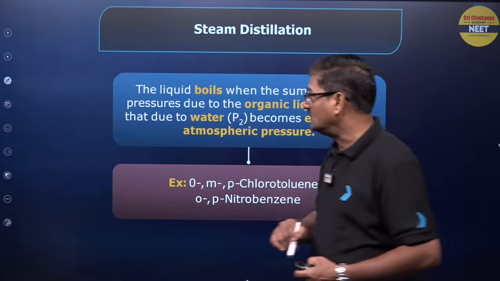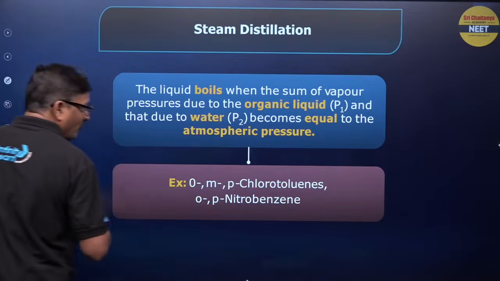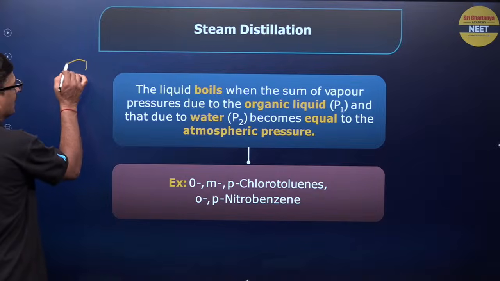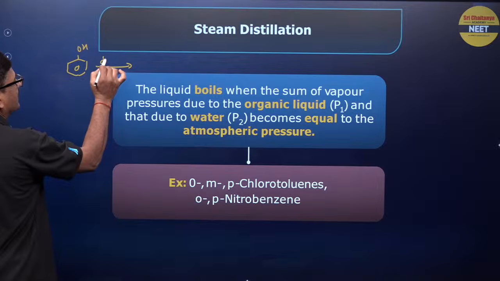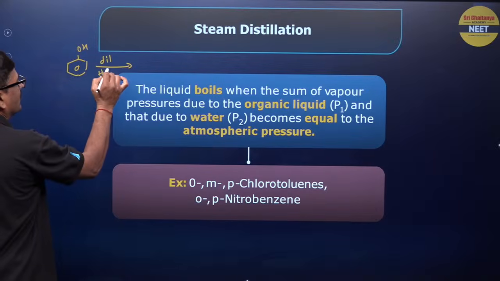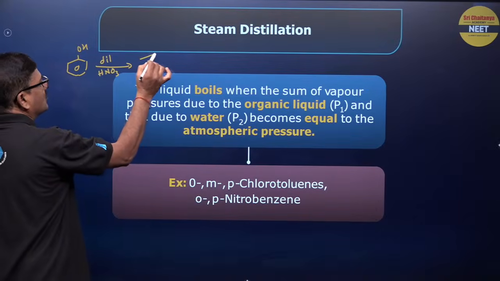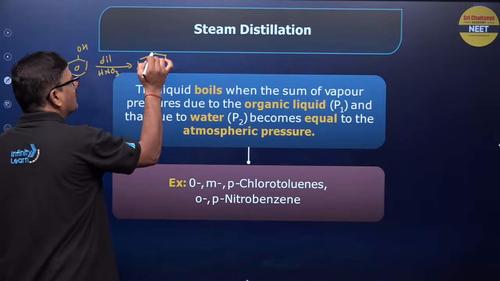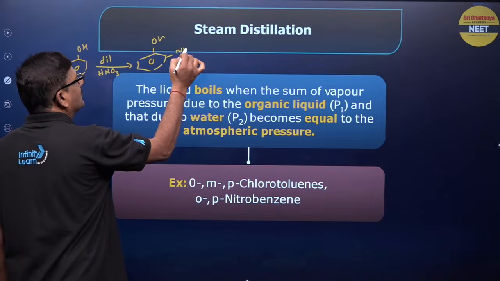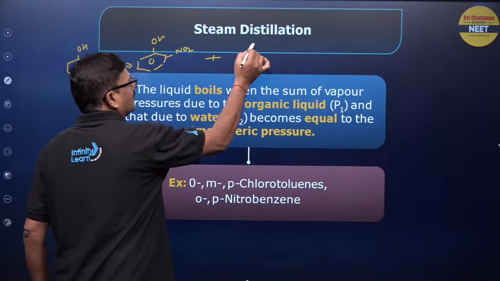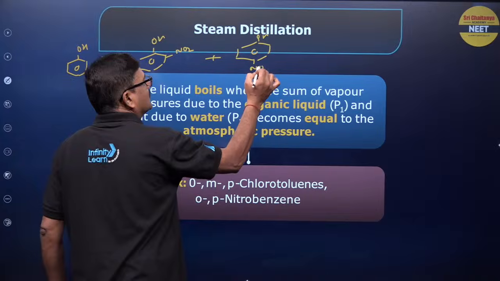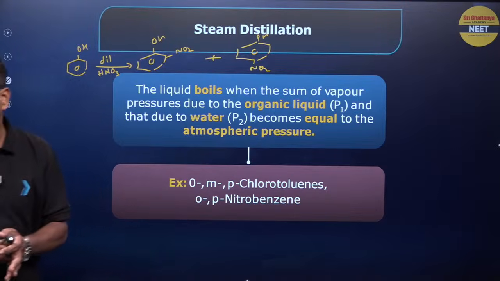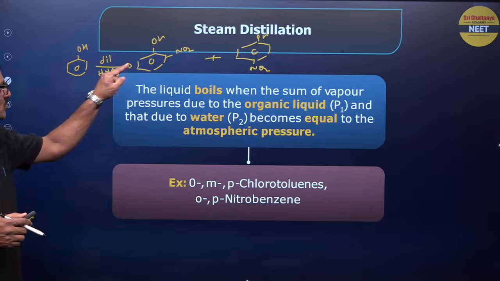For example, when phenol is treated with dilute HNO3, you get orthonitrophenol and paranitrophenol as isomers.